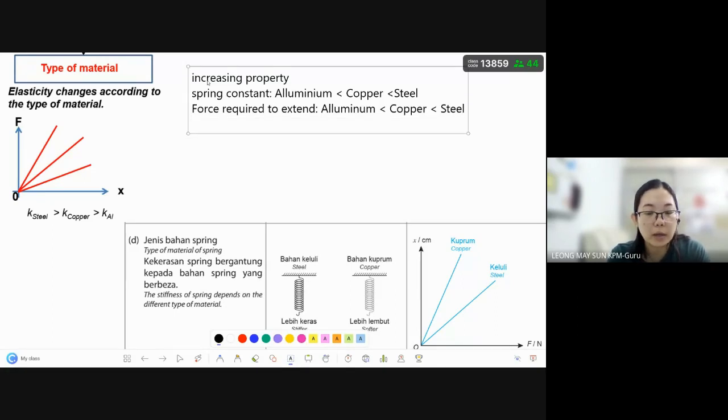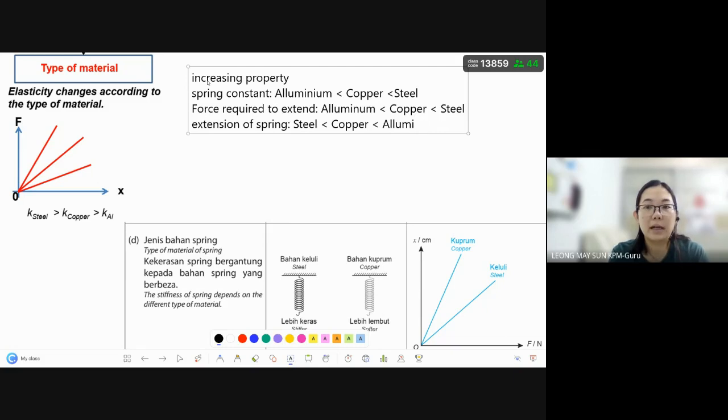Okay, and now when we talk about the extension of the spring, let me make sure that I don't do things wrongly. Steel has the least extension, followed by copper, and then aluminium is the last.